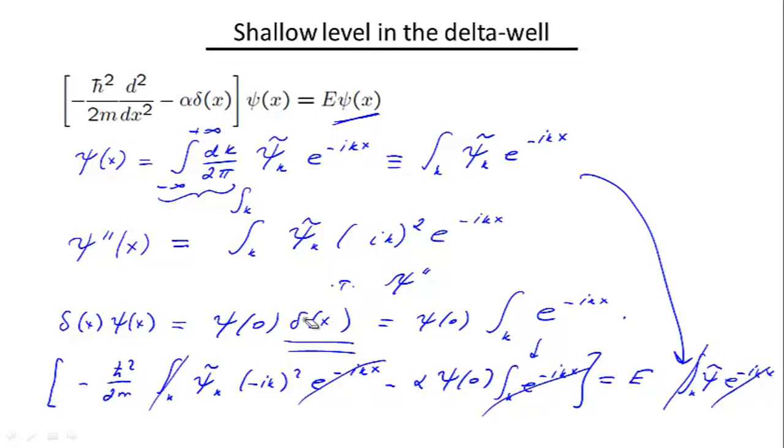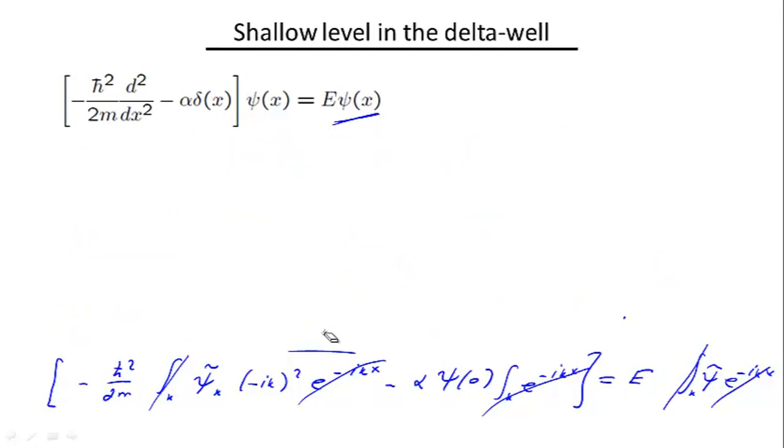And let me have some space here. Let me erase most of this stuff. So as a result, if we look at this equation without the integrals for a particular k, the first term on the left-hand side is going to give us now plus h squared over 2m k squared psi tilde of k. The second term is going to give us minus alpha times psi of 0.